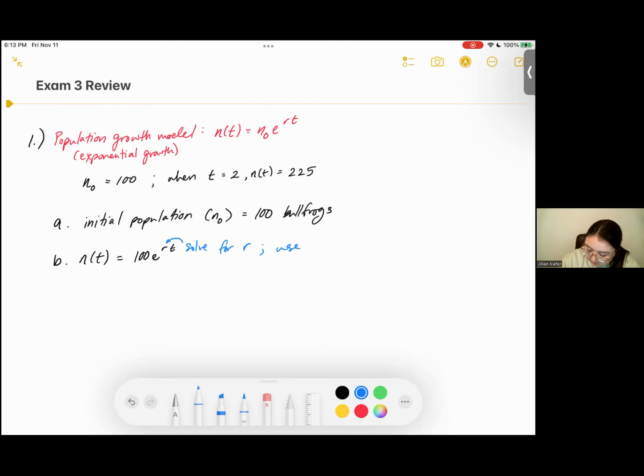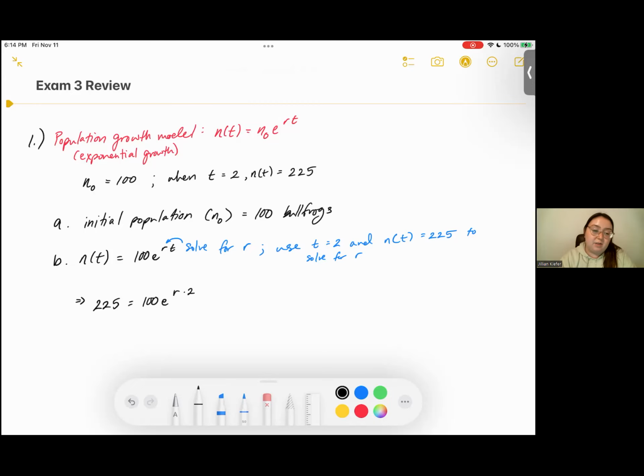So we're going to use t equals 2 and N of t equal to 225 to solve for R. This means that 225 is equal to N naught, which was 100, times e to the power of r times t, which we said was 2.